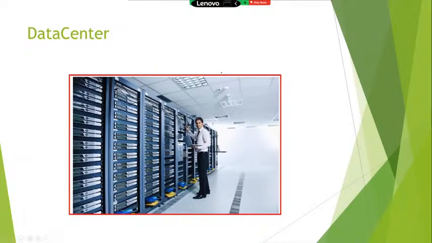After designing the data center, we need many things.